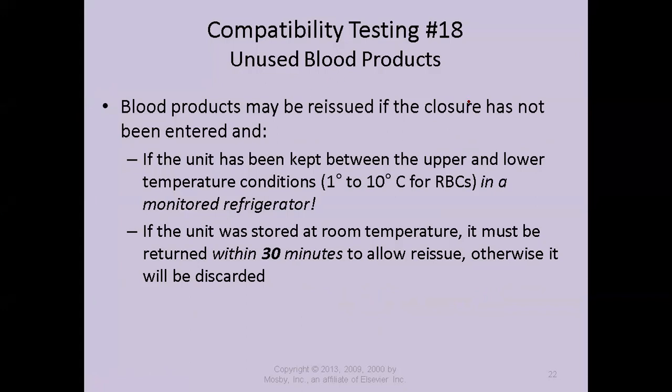So there are instances where blood products may be released from the blood bank for a specific person, and that unit actually wasn't used, it wasn't needed. Sometimes this can happen in instances of the OR.